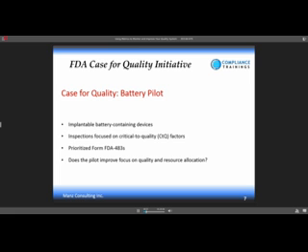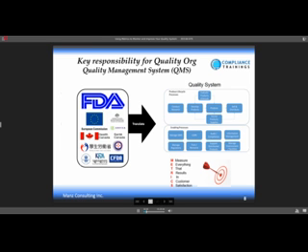And so they'll be doing prioritized 483s based on this. And they're going to be looking over a period of time to see if this pilot helps improve quality and resource allocation. So it's really interesting to see how that is going. There are several large companies, with battery containing implantable devices, that are partnering with the FDA on this pilot.